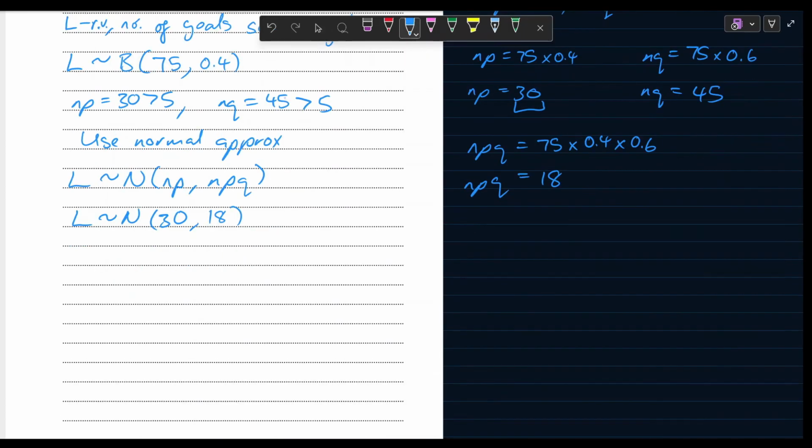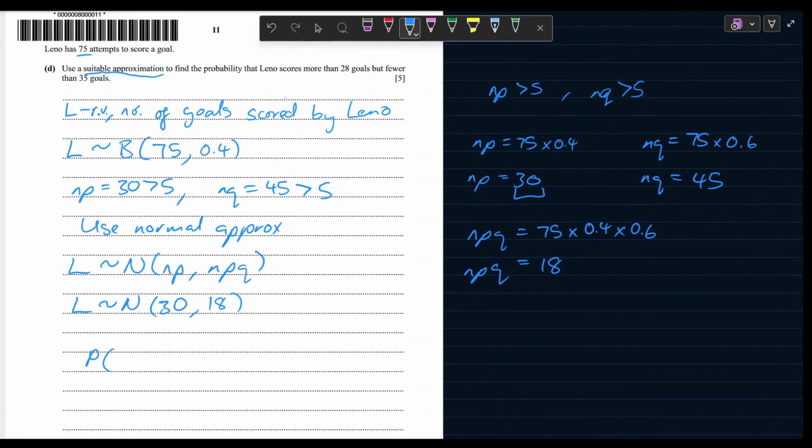And we want to find the probability that Leno scores more than 28 goals, so it's going to be greater than 28, but fewer than 35 goals, so less than 35. But I want you to remember that this question was defined under a discrete distribution in the binomial distribution, and we have approximated to a continuous distribution. So we have to apply continuity correction.